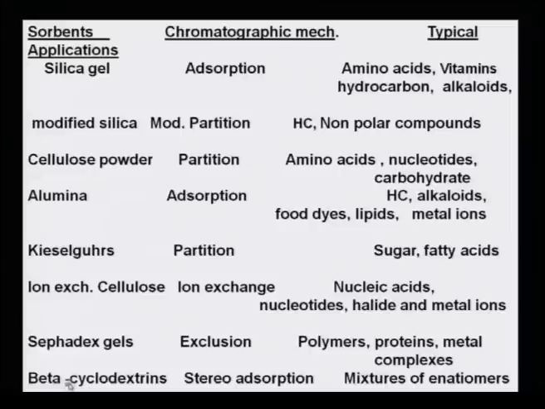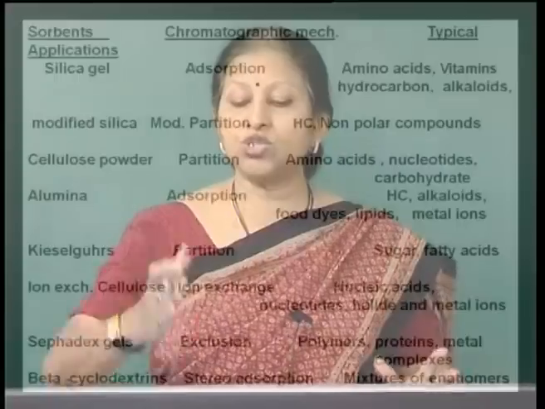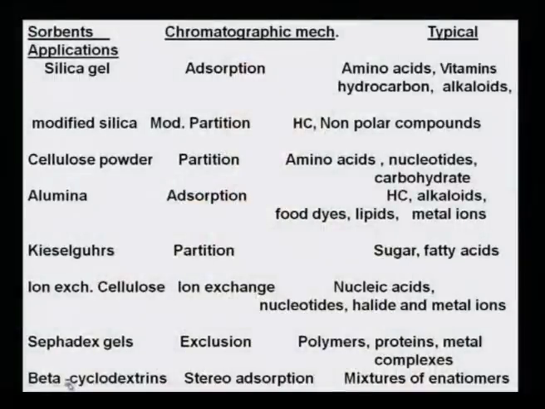Of course, the most popular sorbent is silica gel, but that is not the one and only sorbent. So, there are other types of materials, and these materials are used typically for specific types of compound. So, this gives an idea, if I have to use silica gel, what is the mechanism that is actually taking place, and what are the different types of compounds that can be separated by using silica gel.